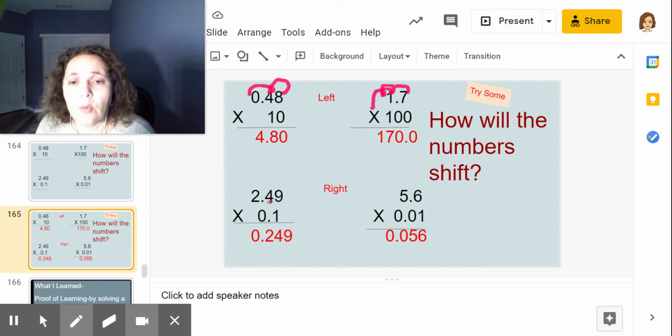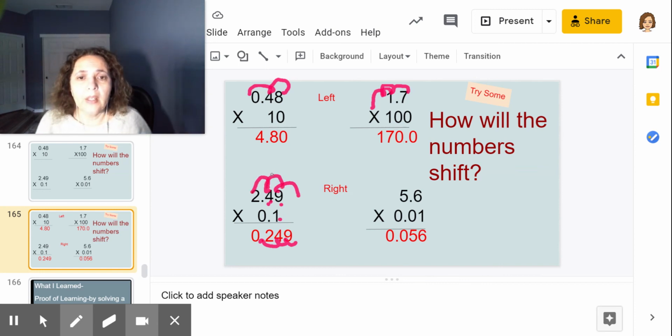How many shifts? 1, 2, 3. 249 thousandths. Notice it became 1/10 smaller. They all shifted 1 place over. The 9 shifted over to the thousandths, the 4 shifted to the hundredths, and the 2 shifted over to the tenths.